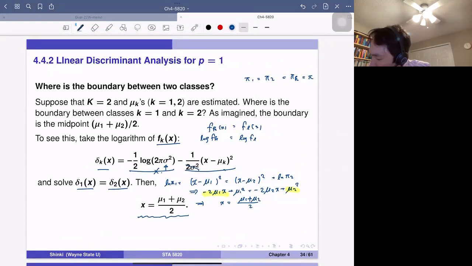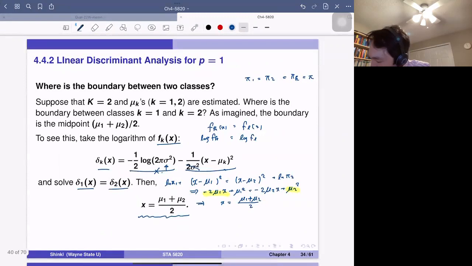So 2 times (mu_1 minus mu_2) x is equal to mu_1 squared minus mu_2 squared, and then we move the log terms to the other side, log of pi_1 and log of pi_2. Then we divide by mu_1 minus mu_2 and divide by 2.